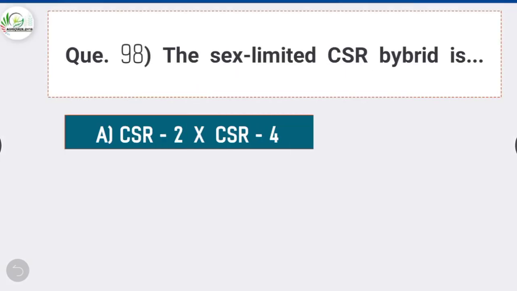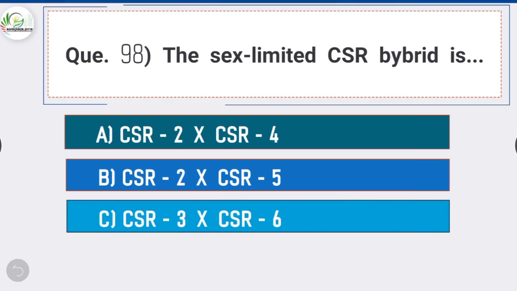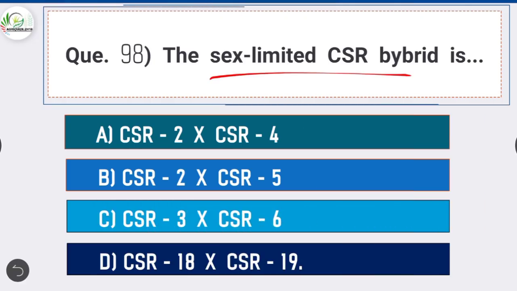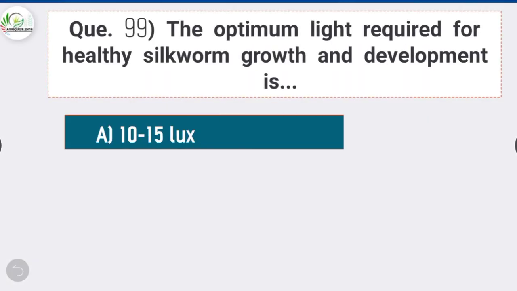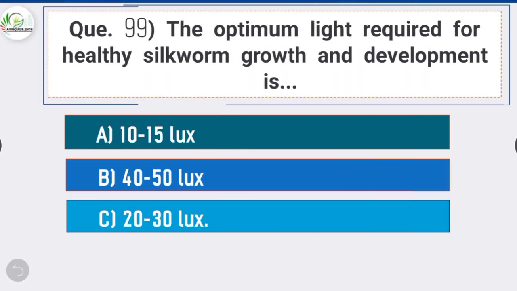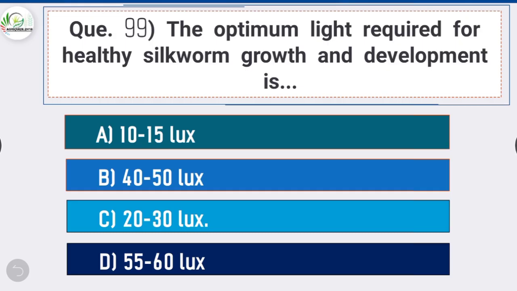Question number 98. The sex-limited CSR hybrid is, and the correct answer is option D, CSR 18 into CSR 19. The sex-limited CSR hybrid is CSR 18 crossing with CSR 19. Question number 99. The optimum light required for healthy silkworm growth and development is, correct answer is option C, 20 to 30 lux.